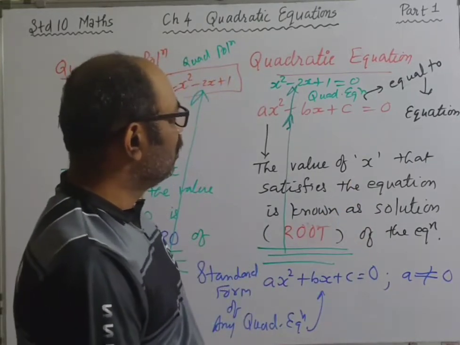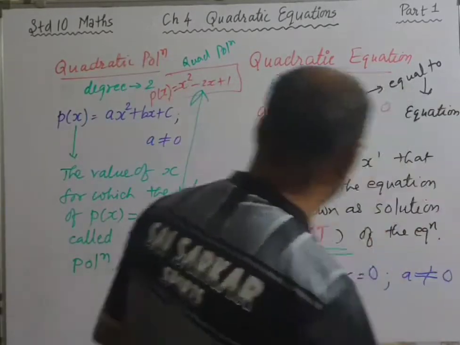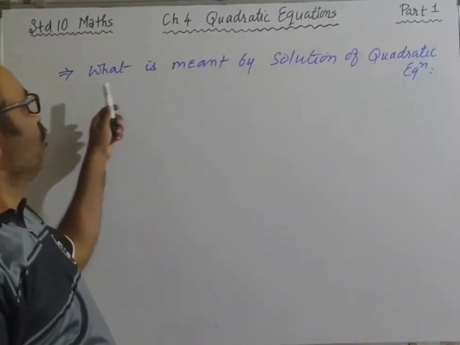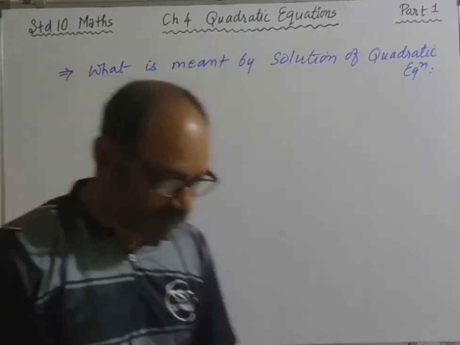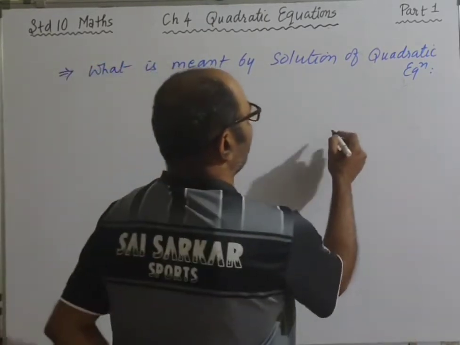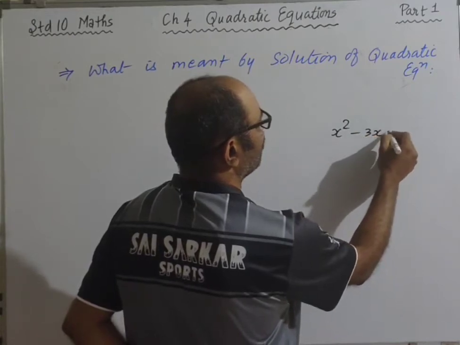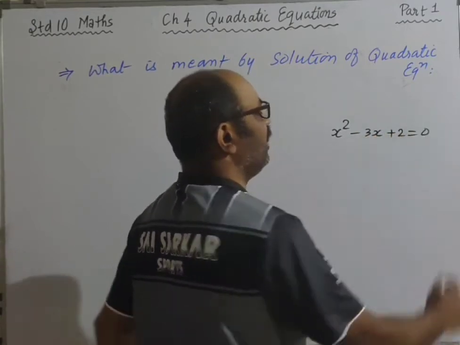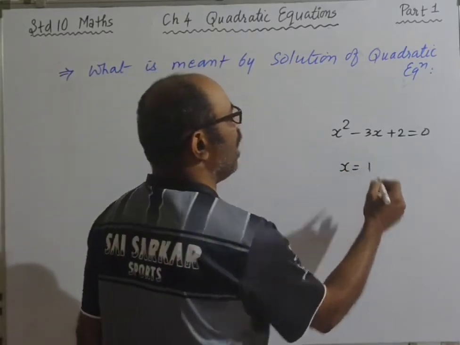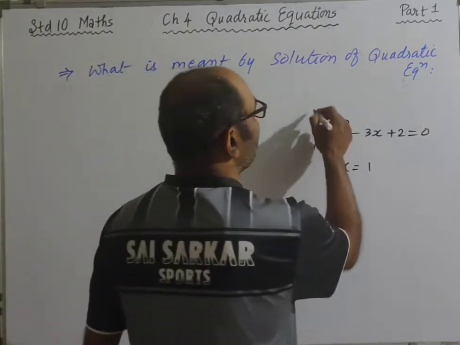Okay. Now, what do you mean by solution of a quadratic equation? Children, if any quadratic equation is given to you like x square minus 3x plus 2 equal to 0, then put x equal to 1 in this equation on the left hand side.